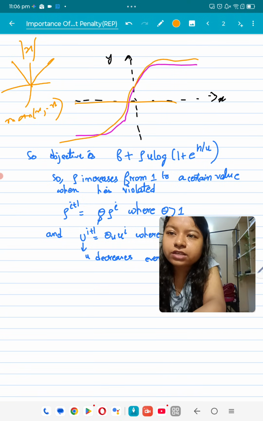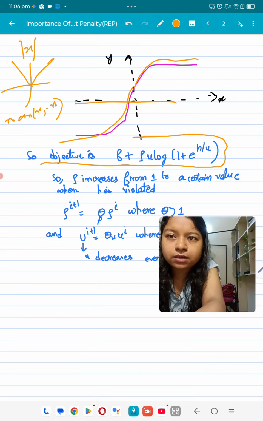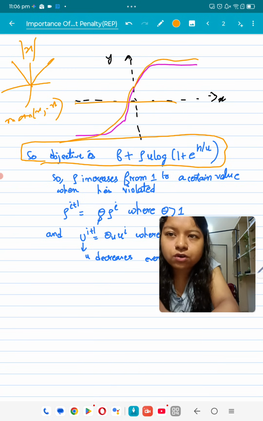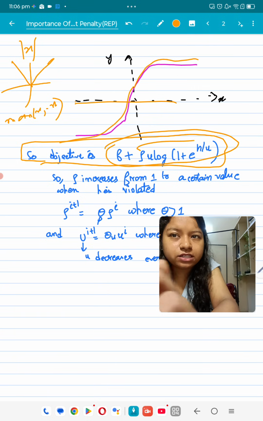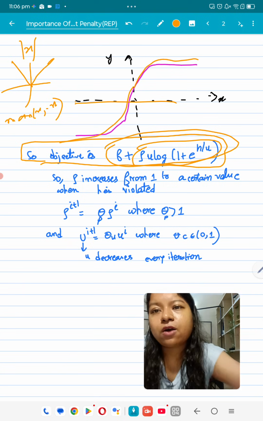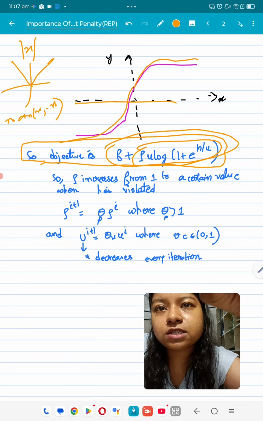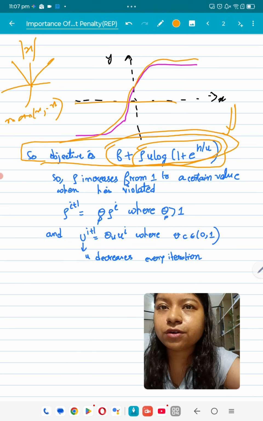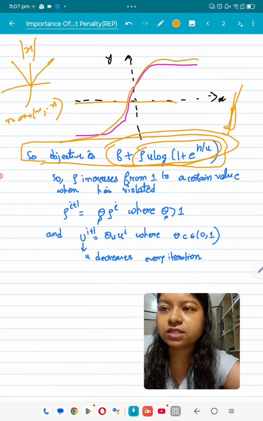So now the objective becomes f plus rho u log of 1 plus e to the power h by u, and we have also shown the gradient of this part, f dash. So the objective becomes this part, and we need to optimize this objective now.